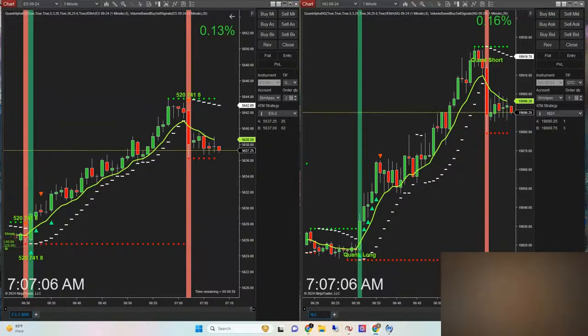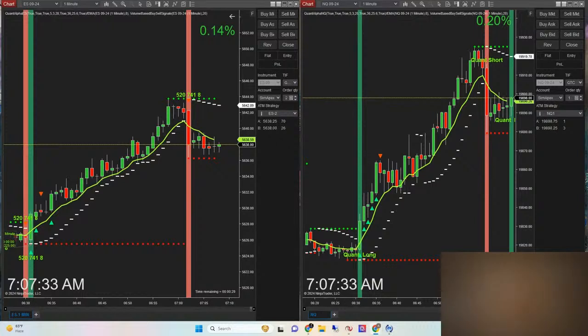This is the email. So send an email to them, and they will reply if there are any offers for the Quant Alpha system.